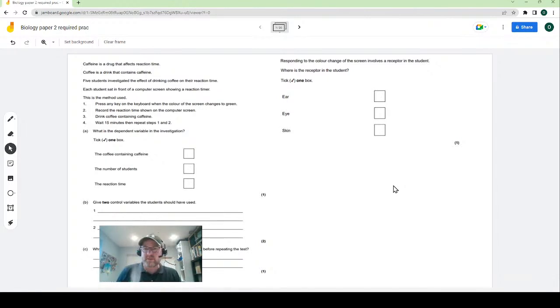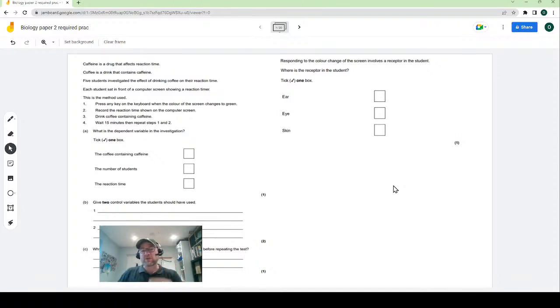Yeah, reaction times. The things you need to look out for. Your thumb and finger need to be the same distance each time, the catcher. Now when you're talking about this in a 6 marker, talk about it as the person who is dropping, call them the dropper. The person who is catching, call them the catcher. It makes it really easy to talk about.